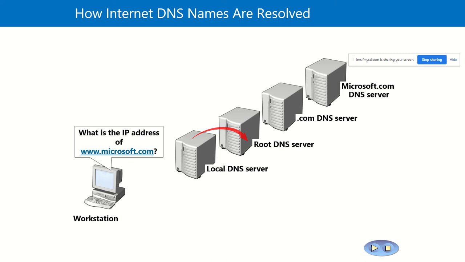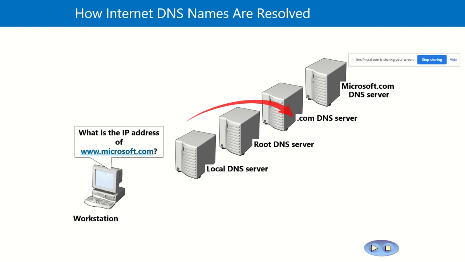Now the root server understands where every address that ends with com, org, anything is. So the root server goes looking for .com, because it's only .com that would know where Microsoft is. The root server would not know. It only knows what is immediately to the left of it.